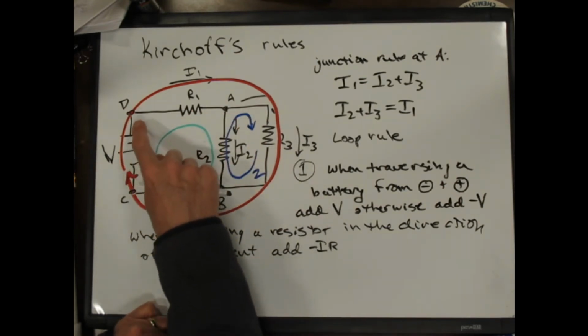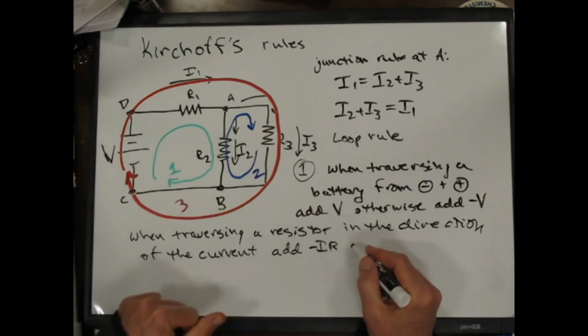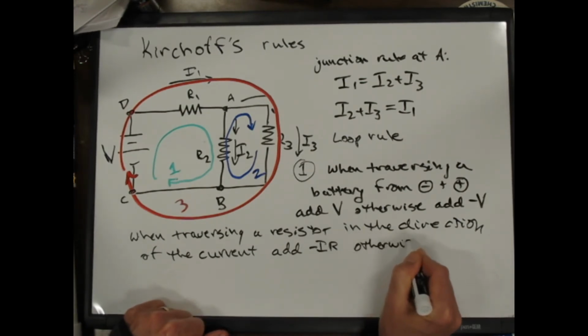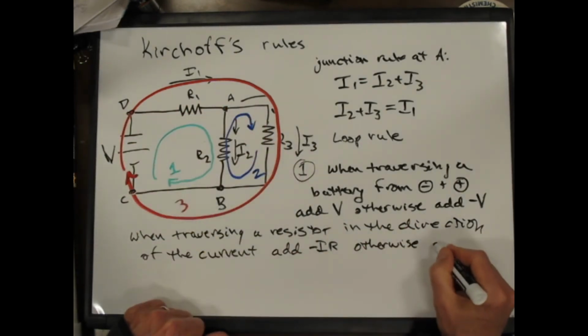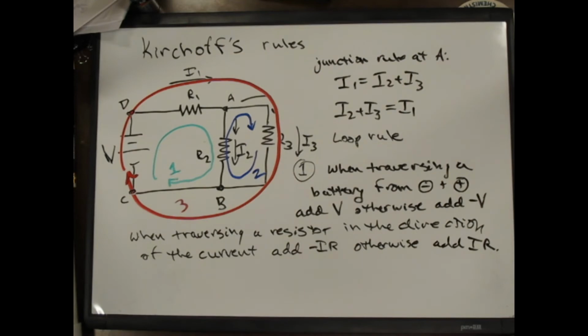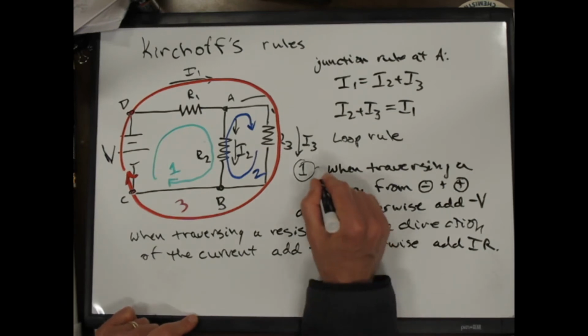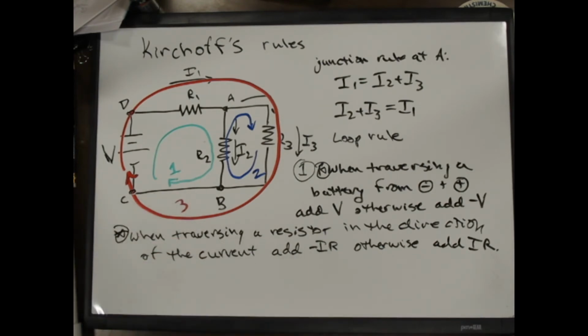So if we were going to go from D to A, we would add minus I1 R1. Otherwise, if you're going the other way, add IR. And so this is the breakdown of the two rules when you're traversing a battery and when you're traversing a resistor.